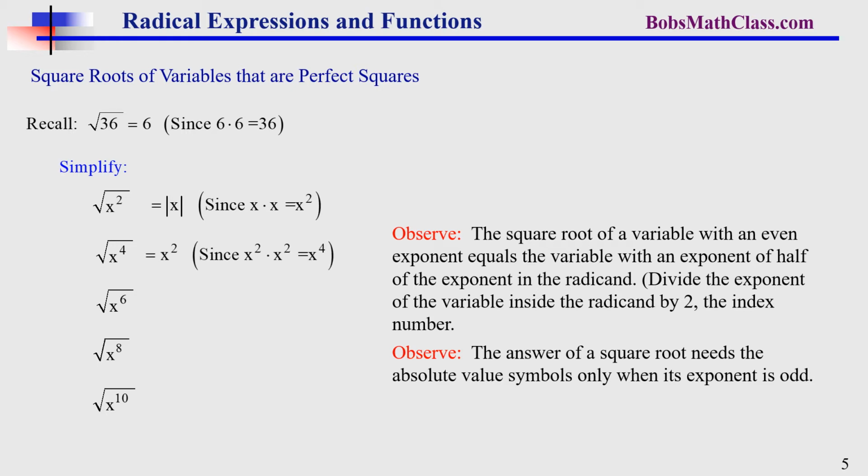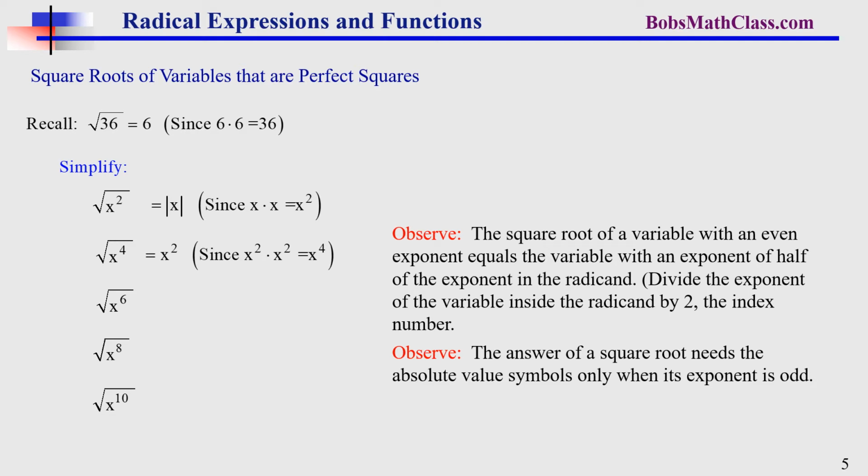How about the square root of x to the fourth? The answer is x squared, because x squared times x squared is x to the fourth. Now, why did I not put an absolute value sign around it? Well, because when you square x, squaring anything, even if it's positive or negative, the result will be positive. So therefore, we're not going to get a negative number from that result.